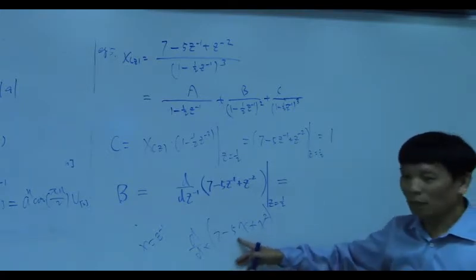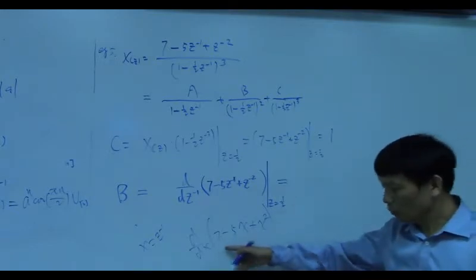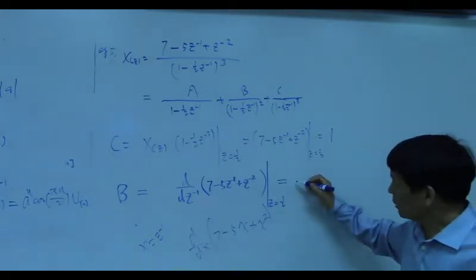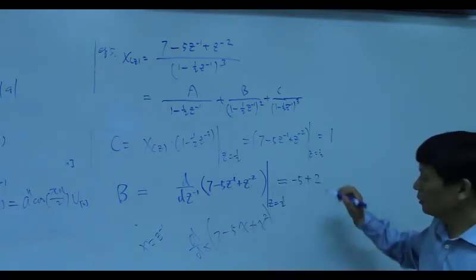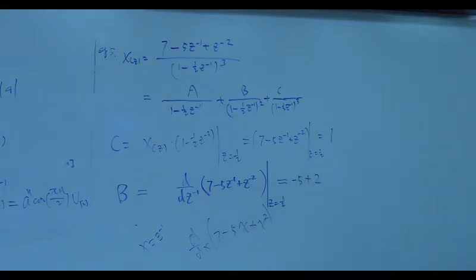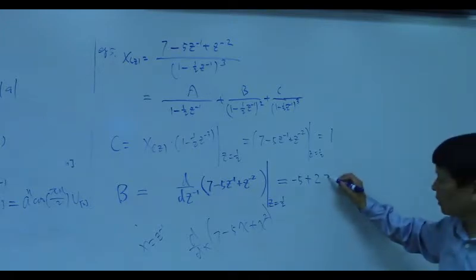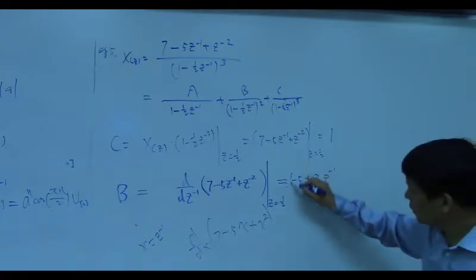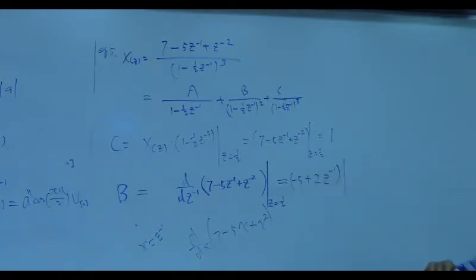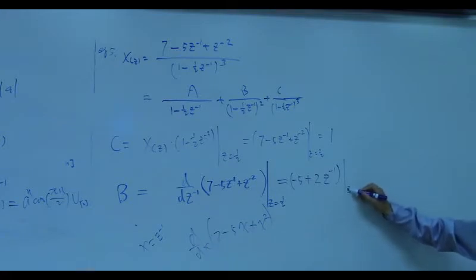Same thing, right? So negative 5, then plus 2x. But x equals z to the negative 1. So that is the differentiation. And then let z equal half. So what is this?